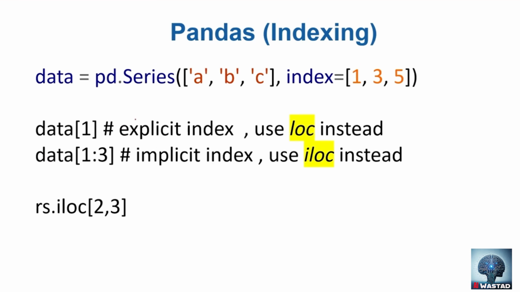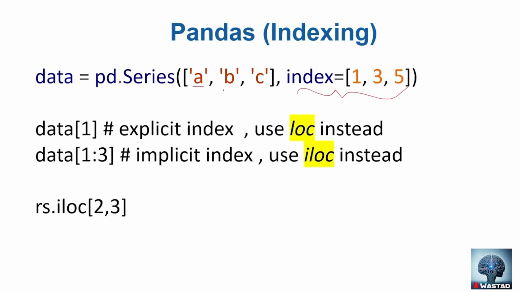Okay, in the previous video, I mentioned a confusion that can be there if you have supplied explicit indices that can conflict with implicit indices. In particular, for example, if this is a series object, or maybe a data frame object, let's just think about the series object.